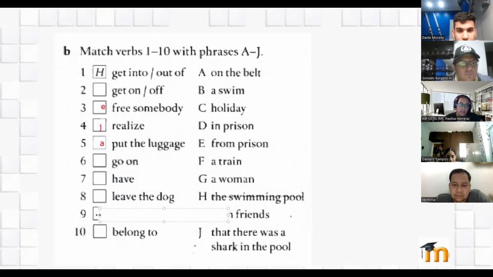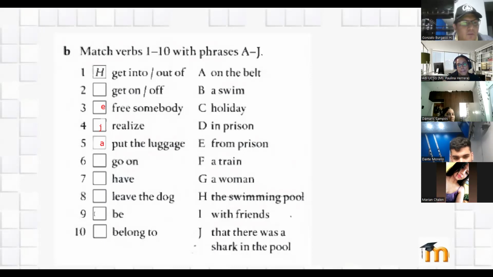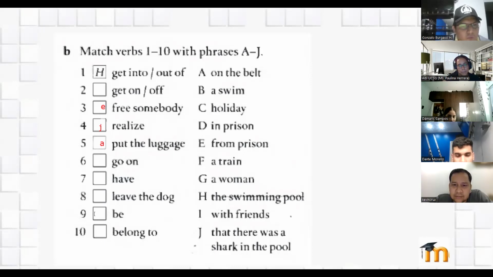No. Okay, think again. Gonzalo, what do you have? Number 2 is letter F, a train. Exactly. Get on or get off a train. Letter F. Okay, somebody else is ready?